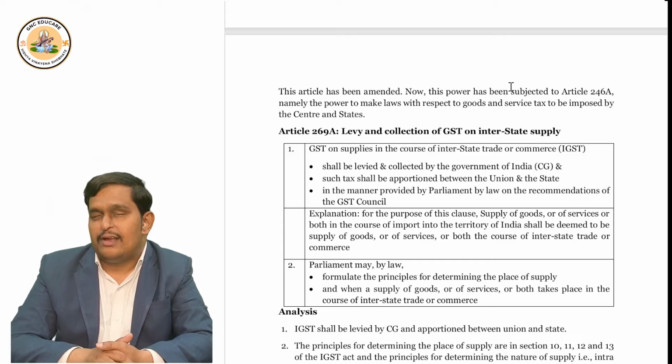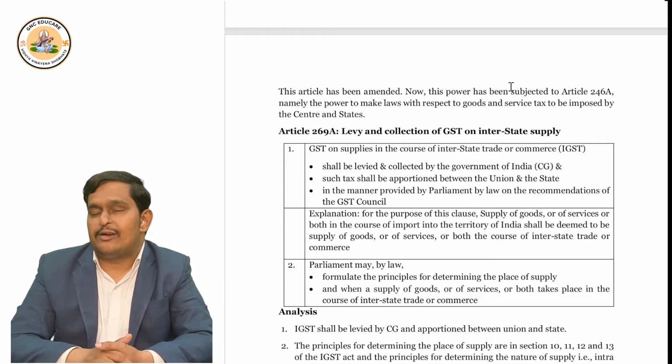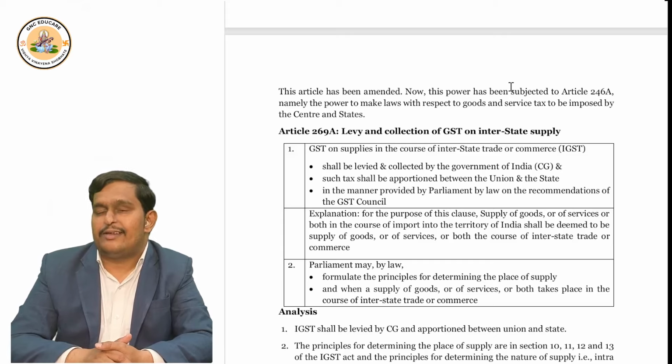Okay. Ultimately, we discussed that if it is alcoholic, if it is petroleum products, natural gas, crude, then definitely please remember that GST Council will decide when this will come under GST.